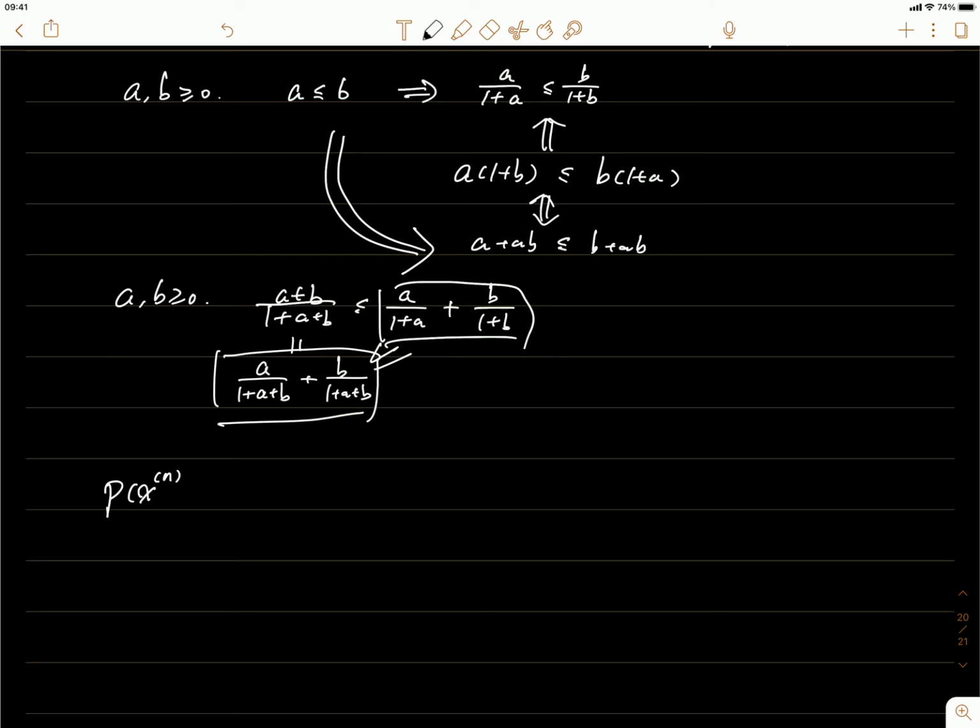So for each n, this xn is a sequence. First term is xn1, second term is xn2. Okay, so that's my xn. And then let's say if this one goes to 0.